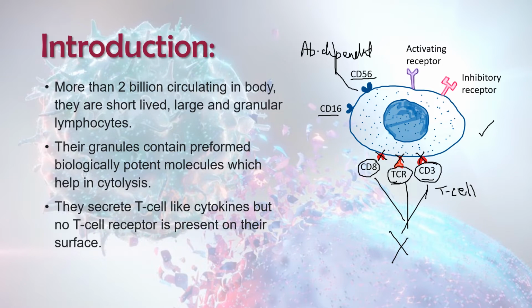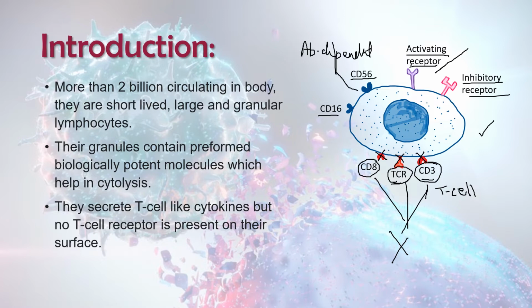They also possess two types of receptors as well. The first one is activation receptors and the second one is inhibitory receptors, which help in recognizing the self cell or normal cell and the virally infected cell or abnormal cell.